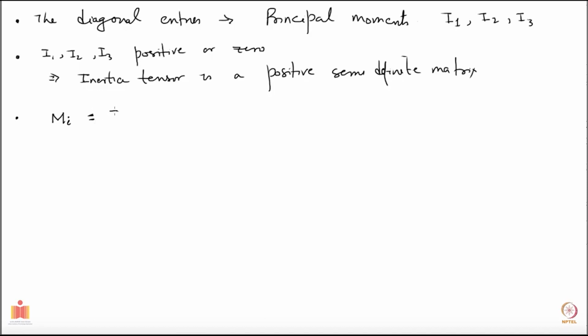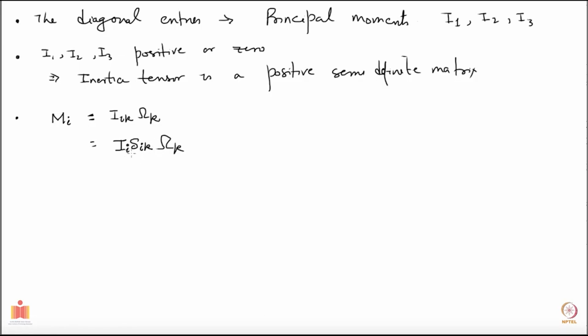It will be I_ik omega_k, that's the general expression, but because we are using inertia principal axis, my I_ik has only diagonal entries, so it will be delta_ik multiplied with I, which are the principal moments. There is no summation over I here. Remember, I is a free index on the left, so it has to be a free index on the right, which means that I cannot have a summation over I even though it is repeated. There is a summation over k, which is implied.